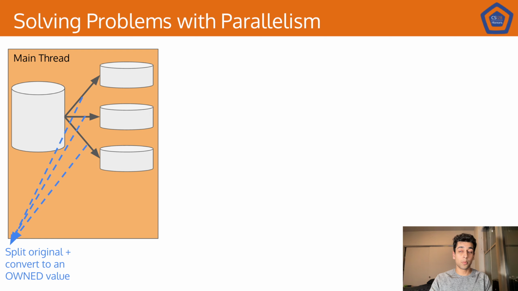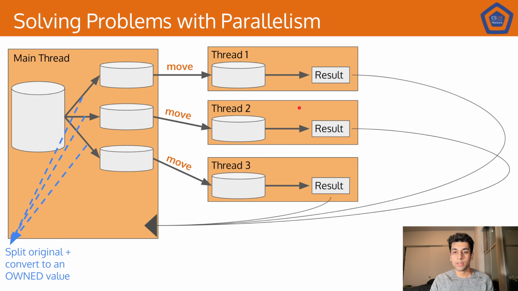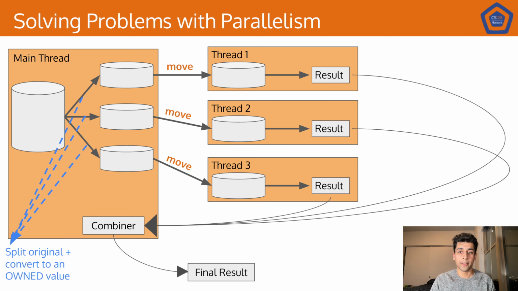So we're going to duplicate the data, not create a reference, then give ownership of this duplicated subsection of data to a thread. The threads are going to perform some computation, get a result, and then they'll send the result back to the main thread with the sender. And then we're going to use some logic in the main thread to combine the results and yield our final result.